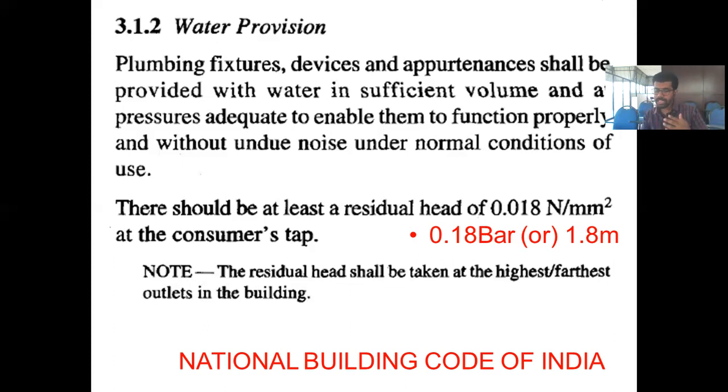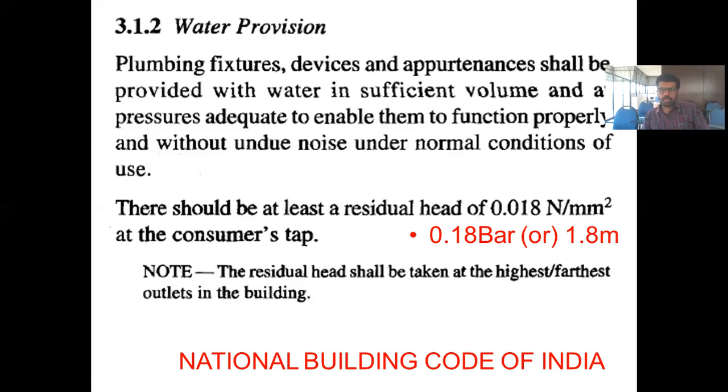So we have to design this in such a way that there should be 0.18 bar pressure or 1.8 meter. That is a thing that we have to keep in mind.